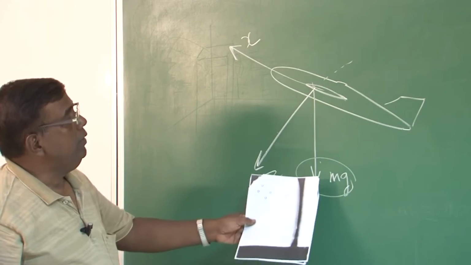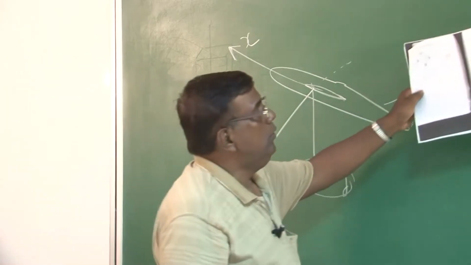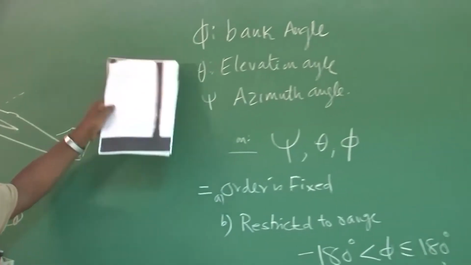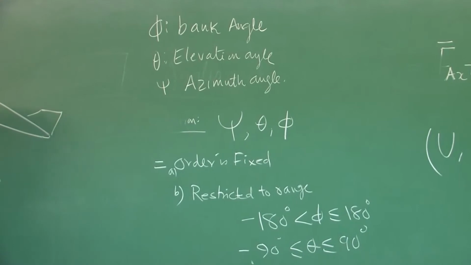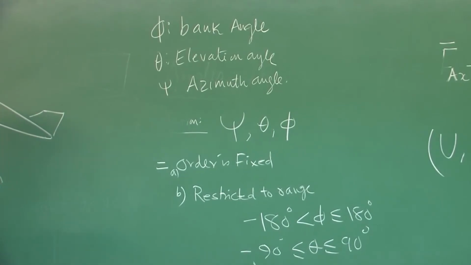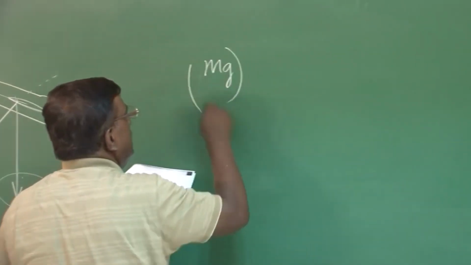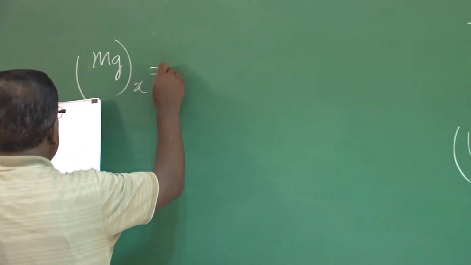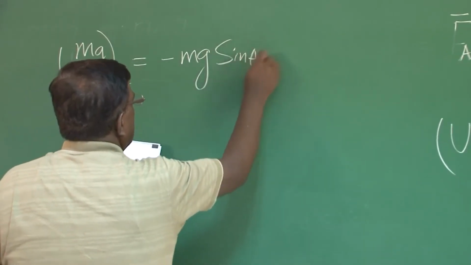So if I want to resolve this component of weight along x, y and z, I need to know how mg is resolved using phi, theta and psi. And you have seen that we can easily write the mg x component as minus mg sine theta.